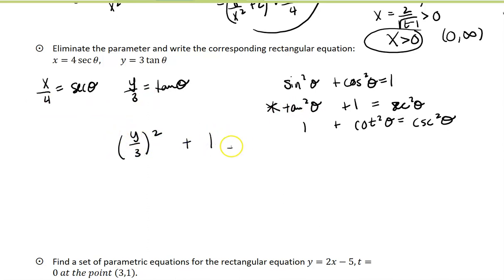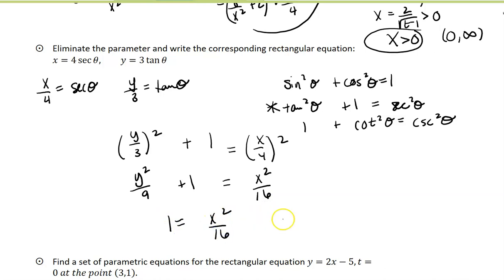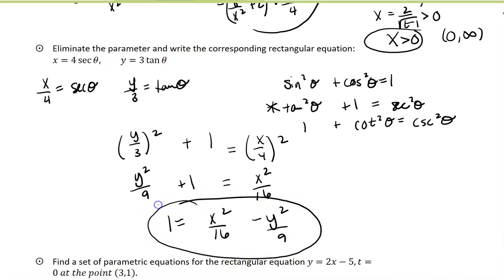Y over 3 squared plus 1 equals, and then instead of secant of theta, I'm going to write x over 4 squared. So I get y squared over 9 plus 1 equals x squared over 16. Or another way to write that is 1 equals x squared over 16 minus y squared over 9. And we'll talk later about how to recognize what that looks like.